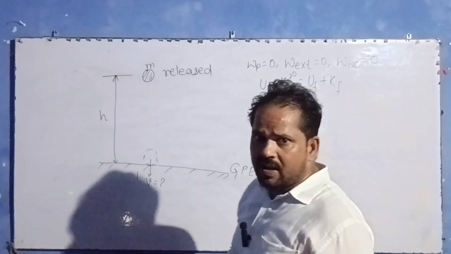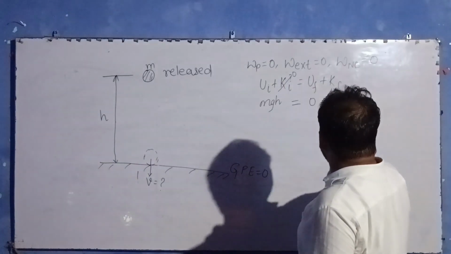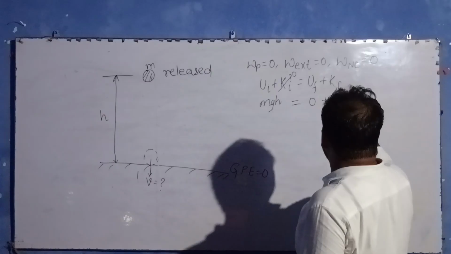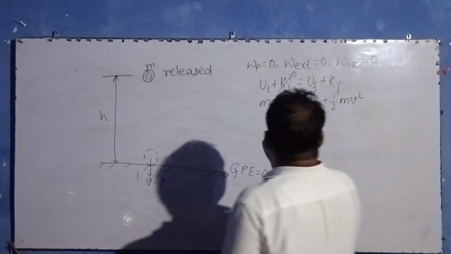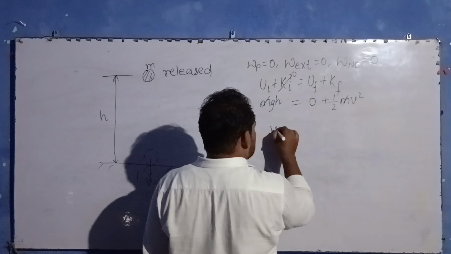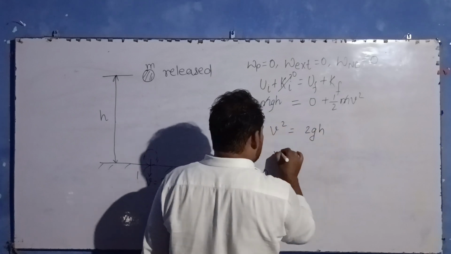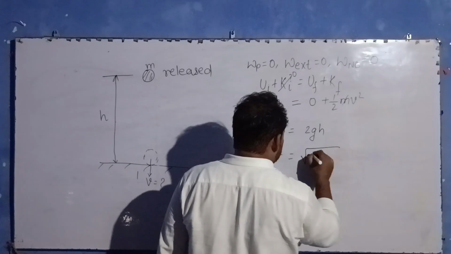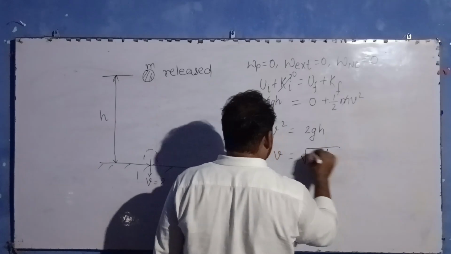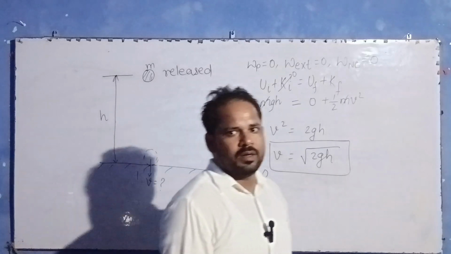Let us assume it strikes with velocity v. Then the final kinetic energy is half mv squared. Now m cancels out, v squared is equal to 2gh and v is equal to the square root of 2gh. This is the final velocity with which the ball hits the ground.